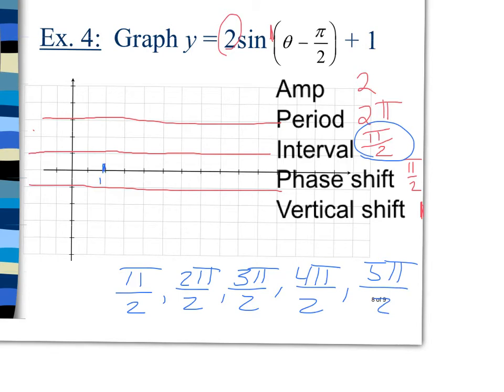So just remember your graphing sine. Where normally it would start, this is like your new 0 mark. And then you're going to go up, down, down to here, and this way.